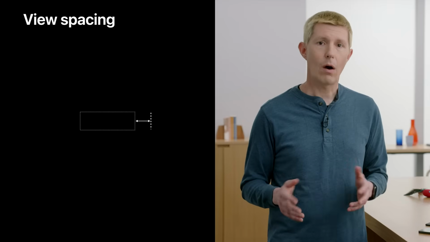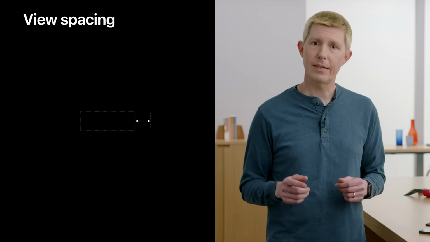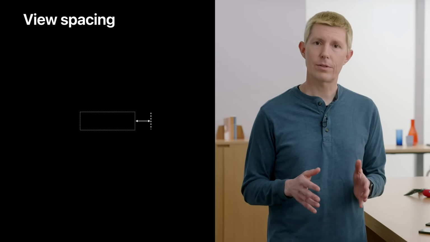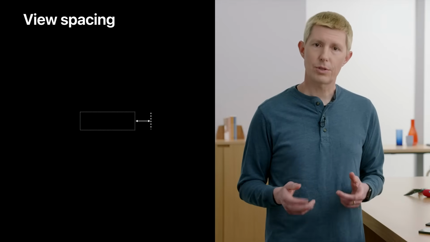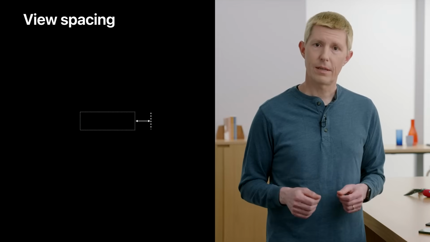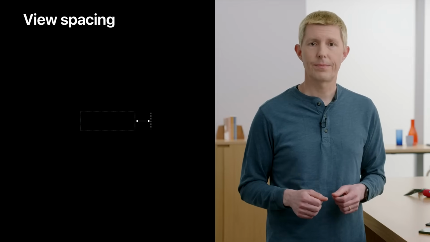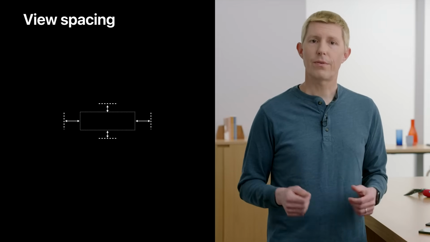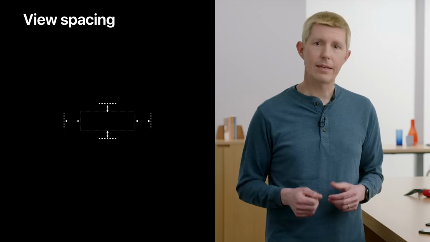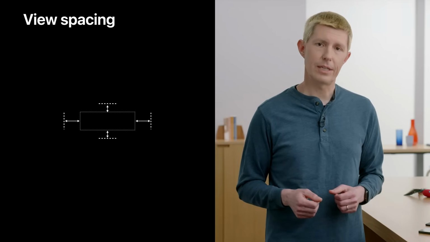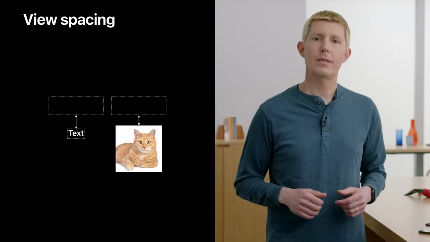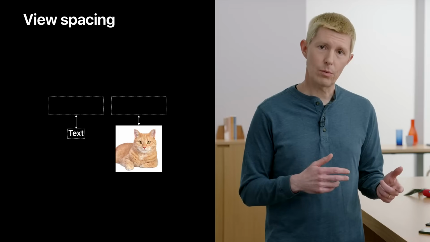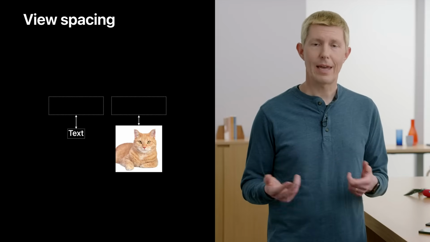In SwiftUI, all views have spacing preferences that indicate the amount of space the view prefers to have between itself and the next view. These preferences are stored in a view spacing instance that's available to layout containers. The view might prefer different values on different edges, and even different values for different kinds of adjacent views. For example, a view might want more or less space between itself and a text view than it wants between itself and an image.